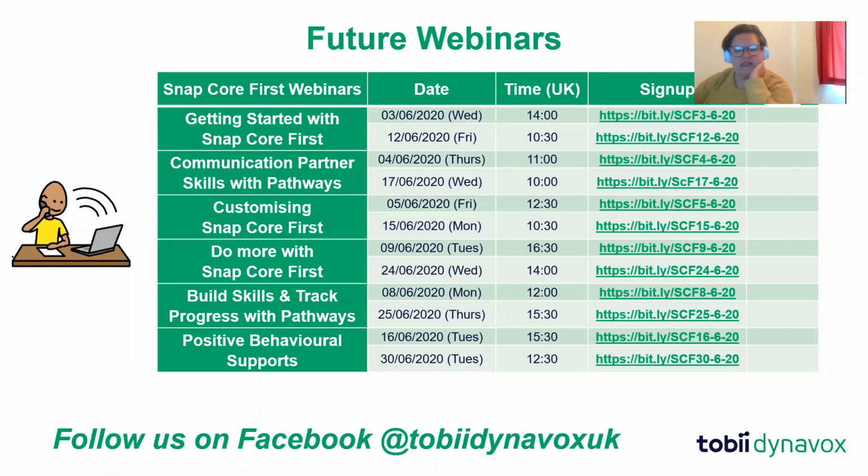We're running each of these modules twice, so if there's any module that you missed and you'd like to attend, I'm doing Getting Started with Snap Core First again on Friday at 10:30 UK time. I'm running another session on the 17th around communication partner skills, and on the 15th, another session around customizing Core First.